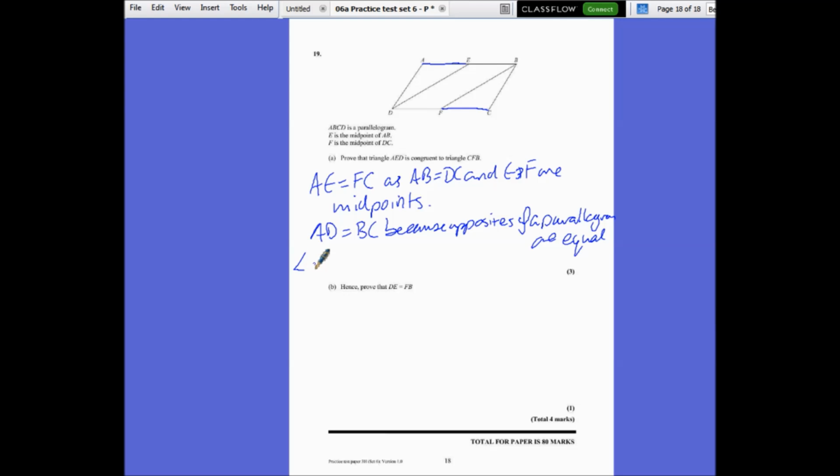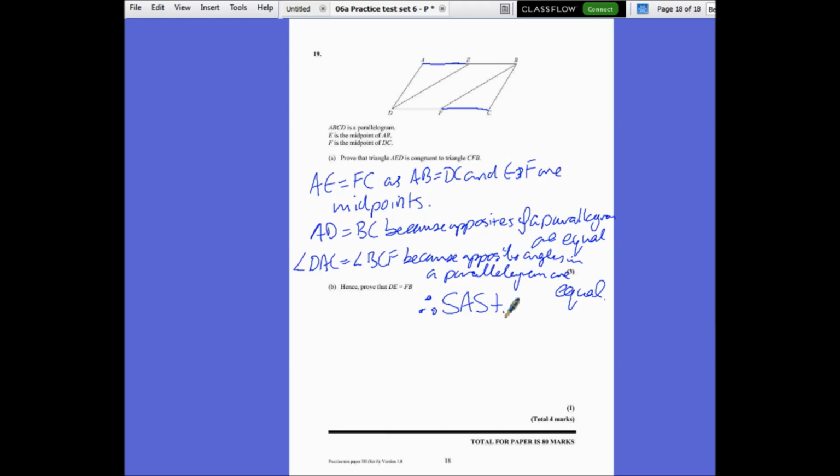And then angle DAE is equal to angle BCF, again because opposite angles in a parallelogram are equal. Once you've got those three conditions, so you've got two sides the same and an angle between them, that means that it must be an SAS triangle, and therefore they are congruent.